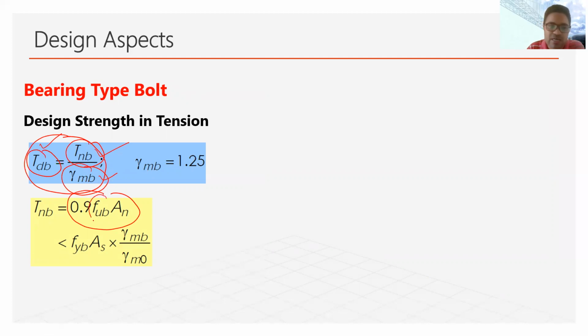Now FUB is the ultimate strength of the bolt, AN is the net effective area of the bolt, as I mentioned in the previous slide. And this force, this strength, should be less than this. So we need to check the same strength with this formula. If it is less than this, then it will be okay.